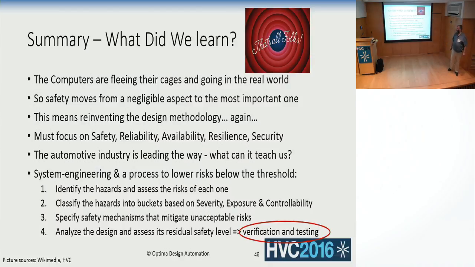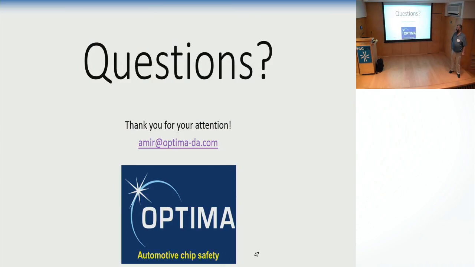And this actually is the reason all of this is in the context of HVC, because at the end of the day, this is another validation concept, another facet of validation that we need to address.